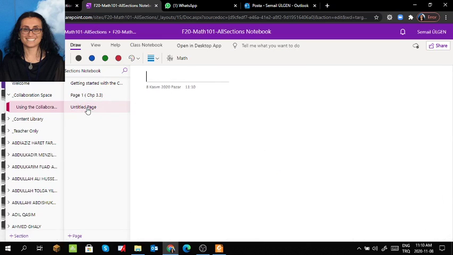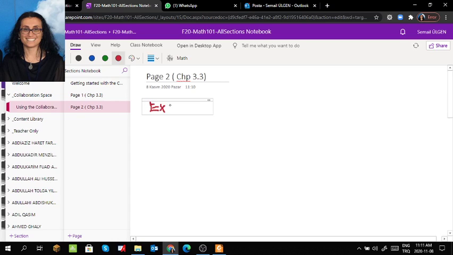Okay, so this is going to be page 2. I'm going to give you a couple examples. They are not from the book, but you can easily make up your own examples.